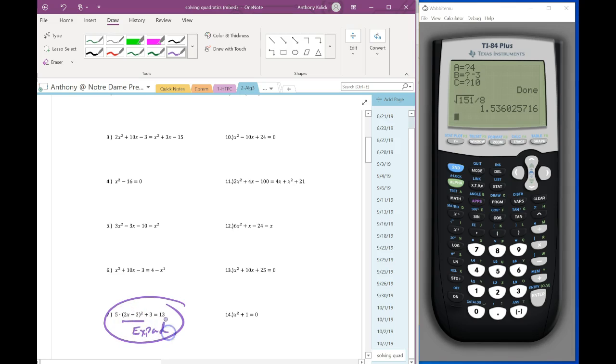Yeah, you'd have to expand that out to get it to look like a standard form polynomial before you could use the quadratic formula. But that's what I want you to do, is to check your answers on 1 through 14 using the quadratic formula program that we just built. And we'll talk more about this next time. How's that sound? Deal. And I'm done.